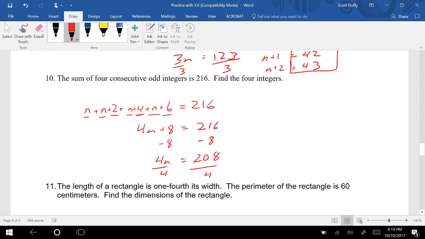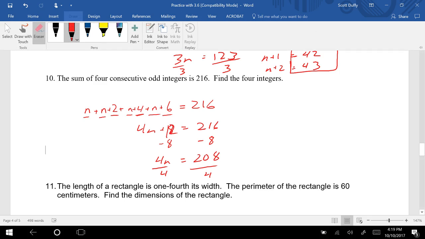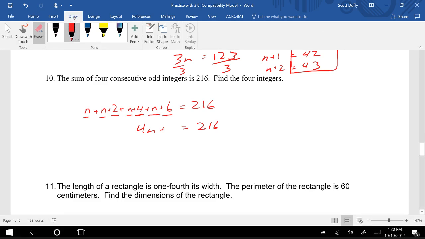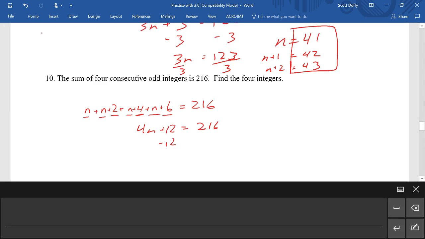So this is not actually 8, we got 2 plus 6 is 8 plus 4 more is actually 12. Let me fix this. Subtract 12.